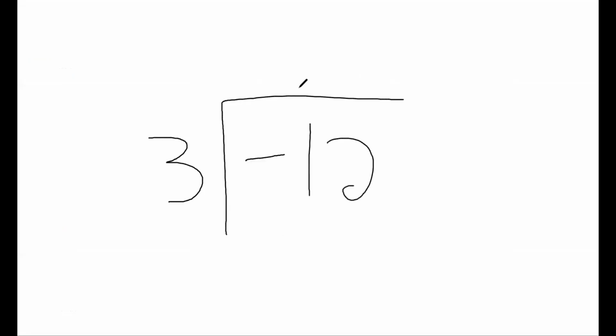What we're really going to say is, say you have 3, you're dividing it into negative 12. The result is going to be negative 4. You'll notice that's the same as doing this.